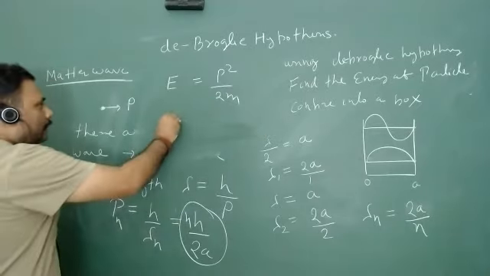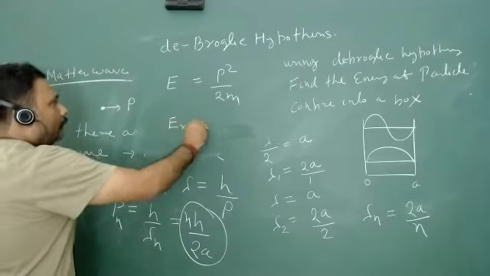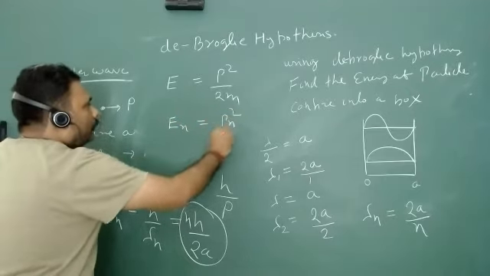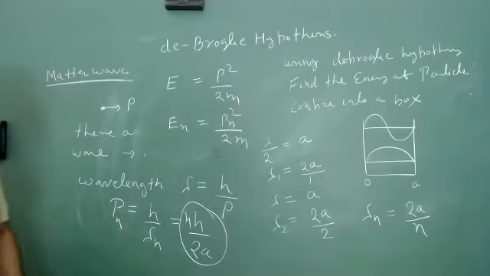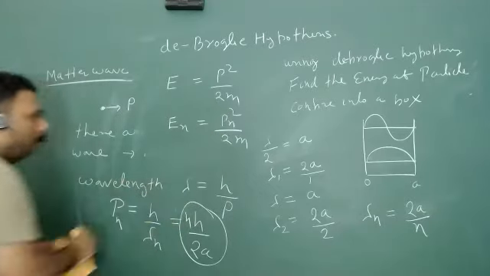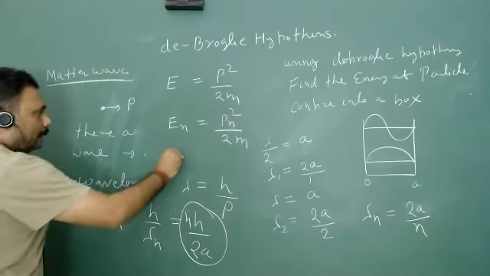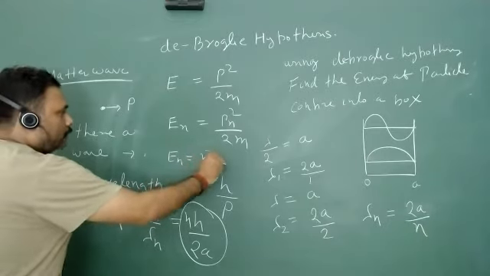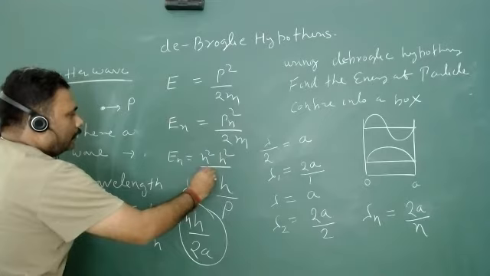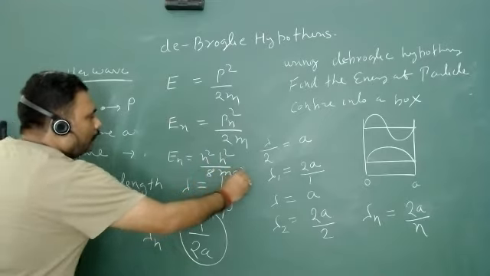So I can get the allowed value of En equal to Pn square upon 2m. And finally, you can get the answer, and that will be En equal to n square h square upon 8 m a square.